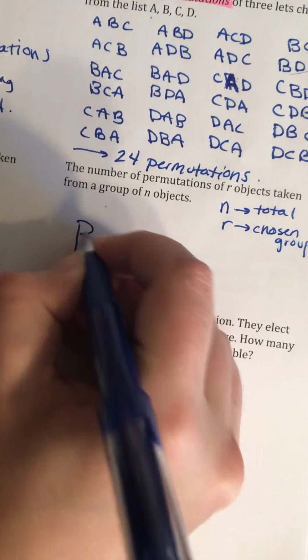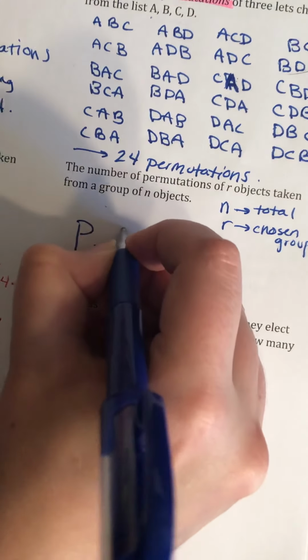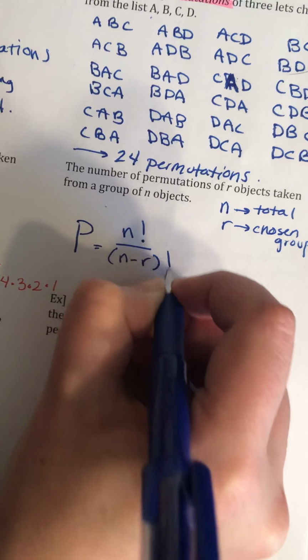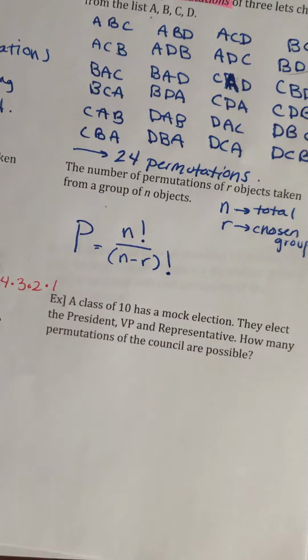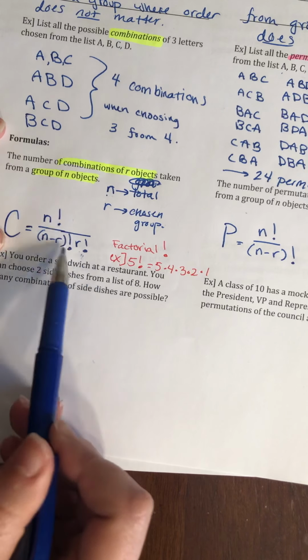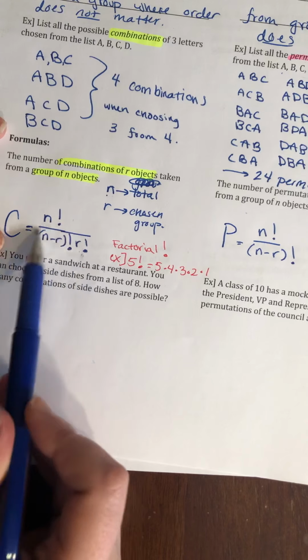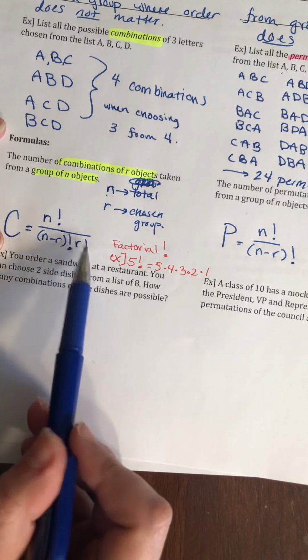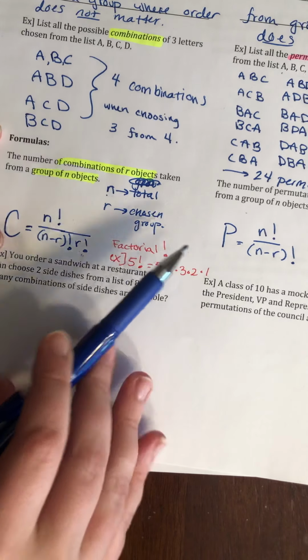The permutation formula is N factorial over N minus R factorial. Now you'll notice the only thing that's different is with a combination, you're also dividing by more. When you divide by more, because there's more in the denominator with this R factorial, your number is going to be smaller. That's why the combination is always less.